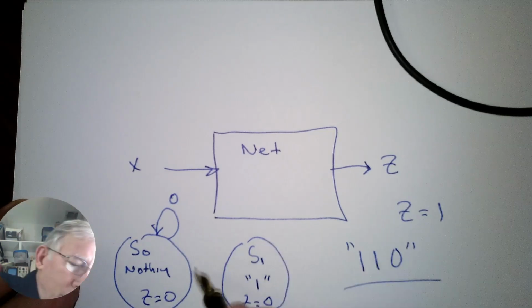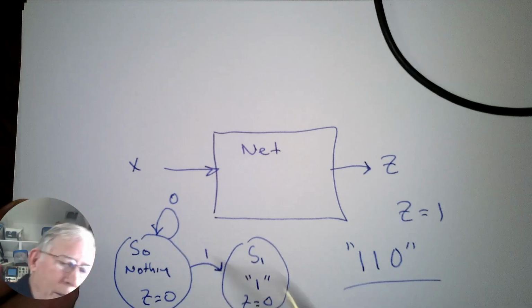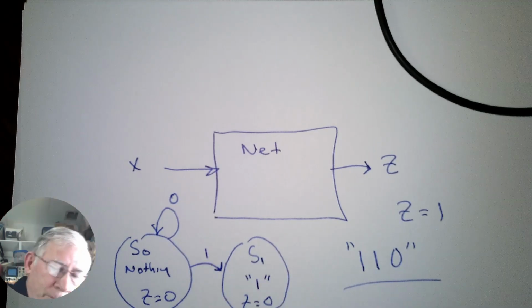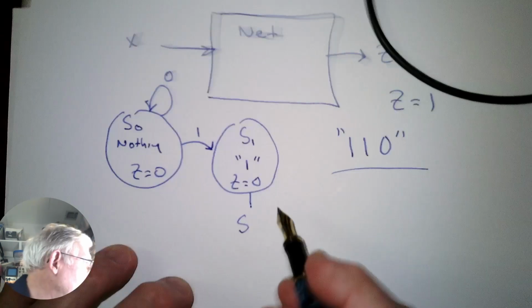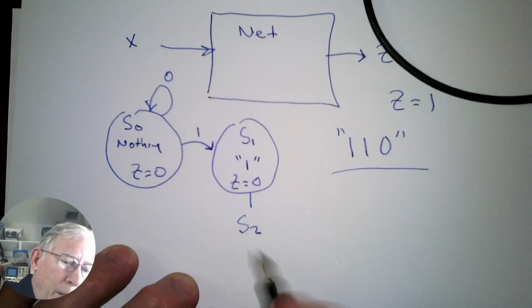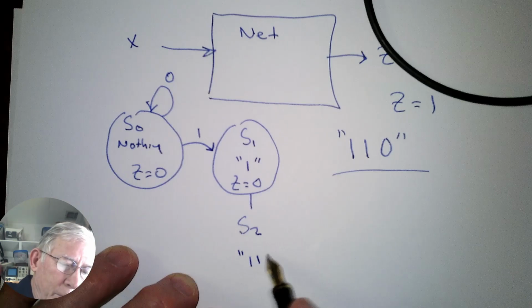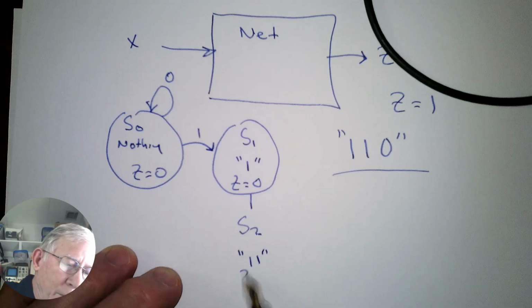Now, if we get another 1, we're going to go down to S2, and now we have two 1s, but Z still equals 0.